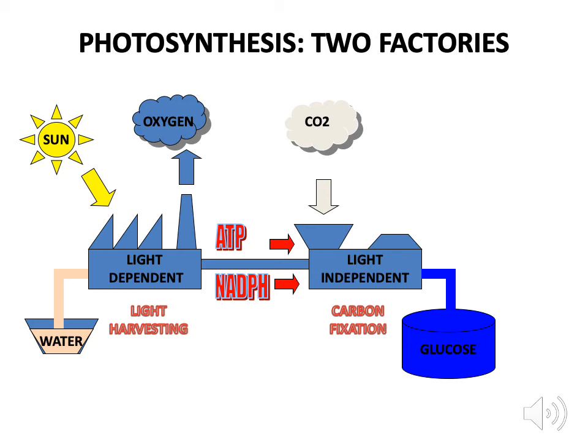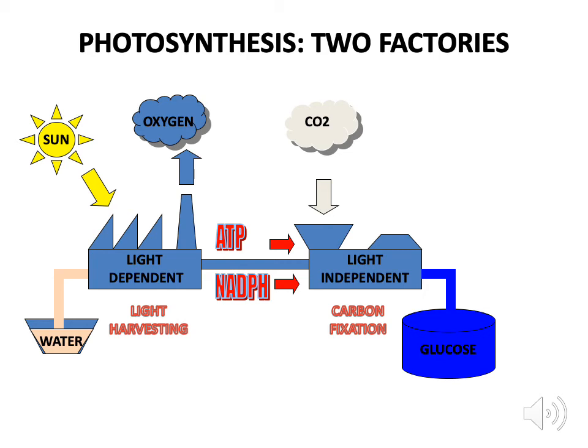We're going to energize those electrons, and we're going to capture that energy, and we are going to send it in the form of ATP and NADPH, labeled there in red. We're going to send that captured, harvested energy to the second factory, the light-independent reaction, where we're going to use that energy to weld carbon atoms together to make that glucose molecule.